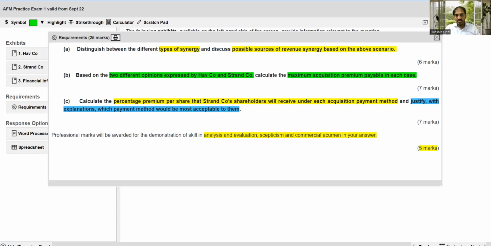Here the examiner asks for the premium percentages with respect to the acquiree only, with different payment options: how much percentage gain the Strand shareholders will get if they accept the mode of consideration, and also to justify which method is most suitable. So develop your mindset: the question is only with respect to the acquiree.